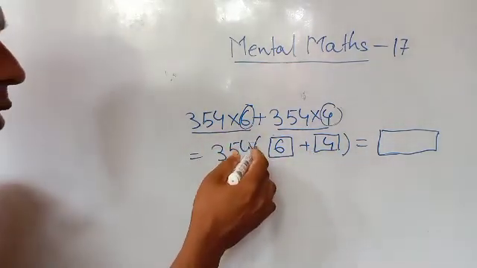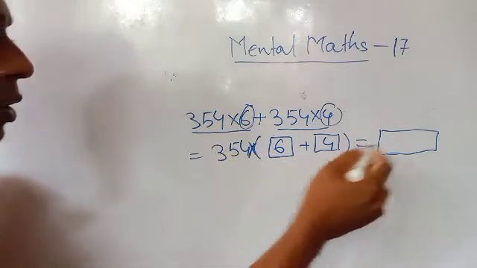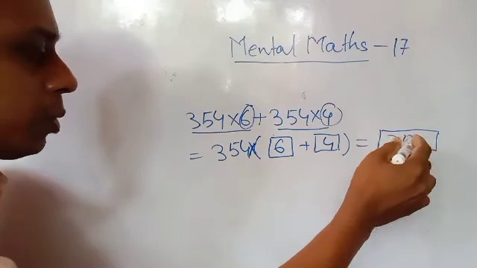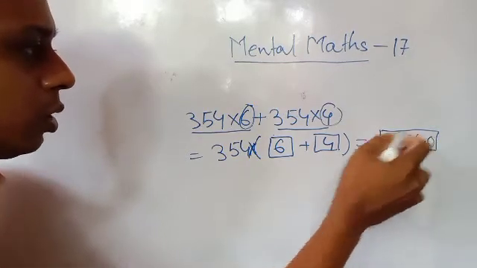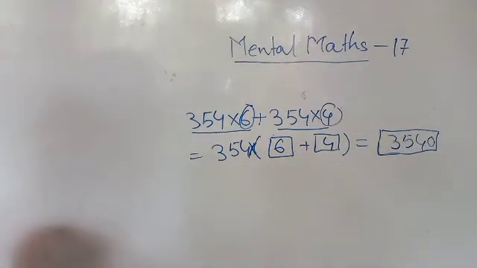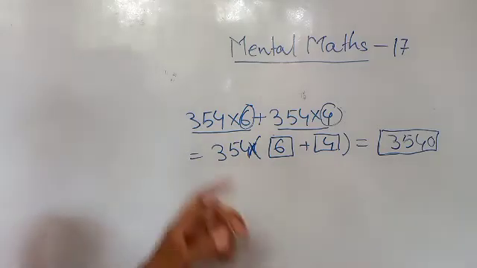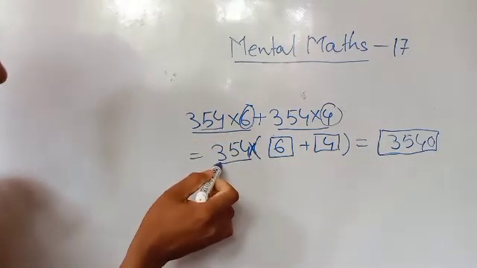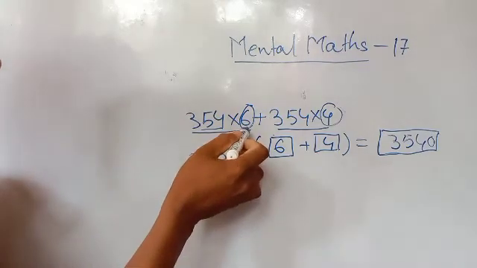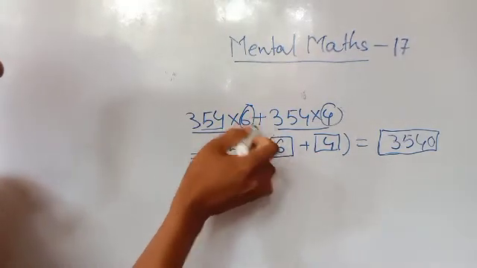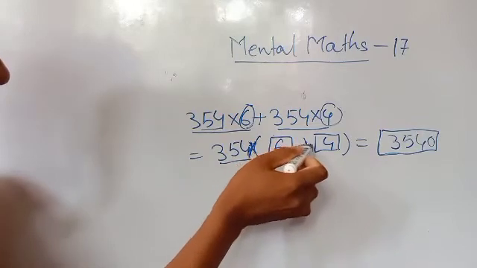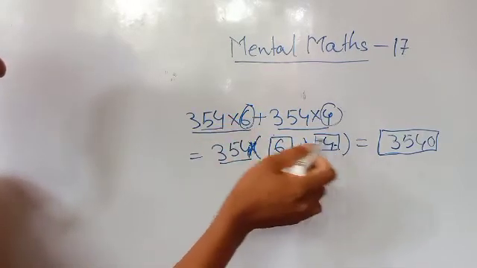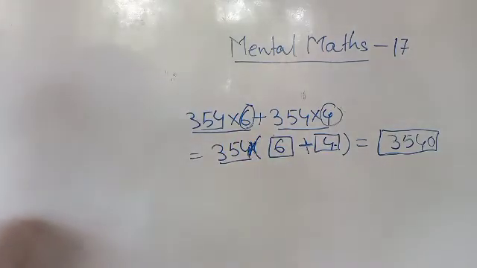So 354, if you multiply by 10, then answer will be 3540. Okay. So what to do? If the sum is like this, the common one you write here, into this one, plus or minus, then you have to put the sign here, plus sign. If it is minus, then put minus, then easily you will get the answer.